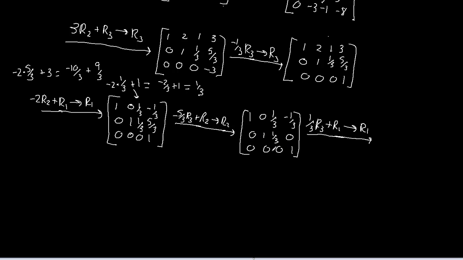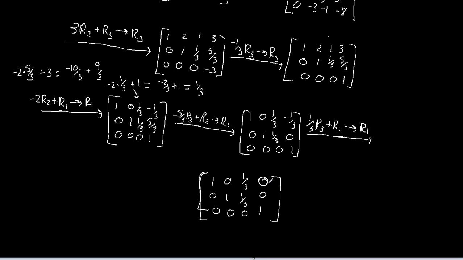So again, because these are all zeros, the first 3 elements aren't going to change. I'm going to write our final matrix down here. All right, so 1, 0, and 1/3 aren't going to change. Our entire second row is not going to change. And our entire third row is not going to change, okay? So 1 times 1/3 is 1/3, plus negative 1/3 is going to be 0.